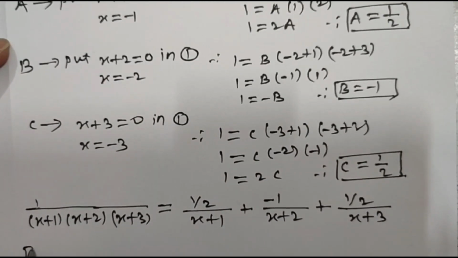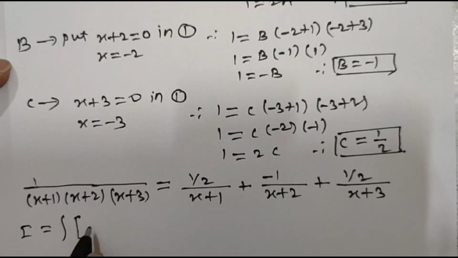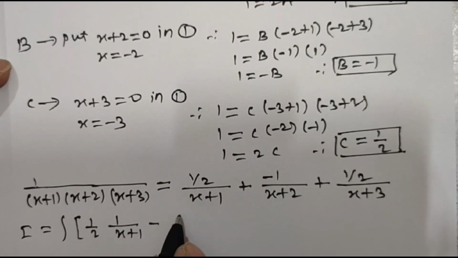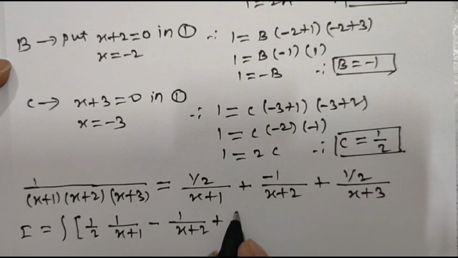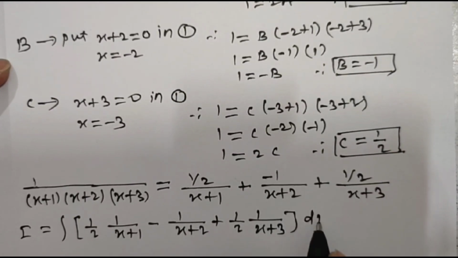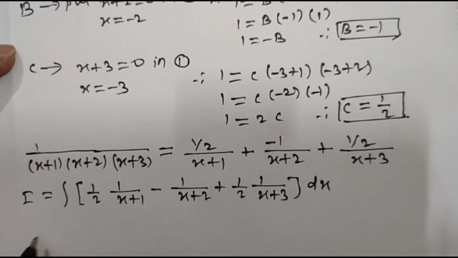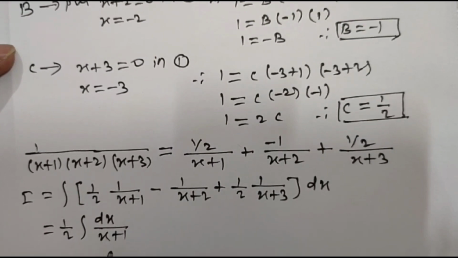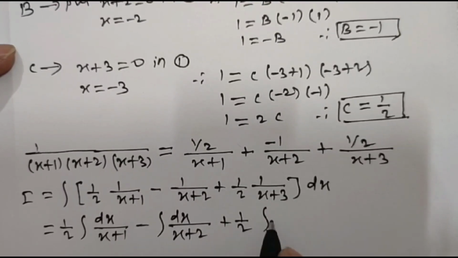Hence I is equal to the integral of [1/2 (1/(x+1)) - 1/(x+2) + 1/2 (1/(x+3))] with respect to x. Separate the integrals and find the value of each integral: 1/2 integral of dx/(x+1) minus integral of dx/(x+2) plus 1/2 integral of dx/(x+3).